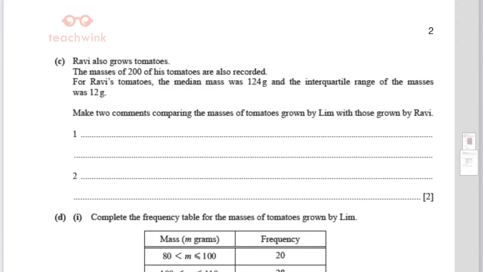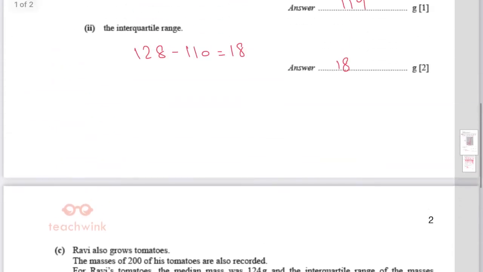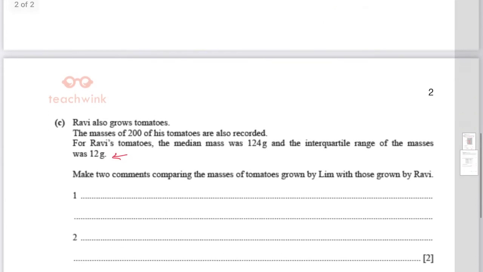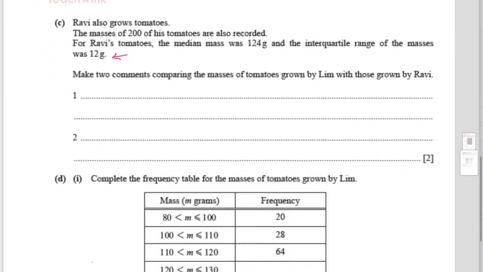So mass of Ravi's tomatoes was more consistent as the IQR is lesser for Ravi, right? Because the IQR over here is 12 and the IQR for the other person was 18. So this is one of the points. We write that over here.